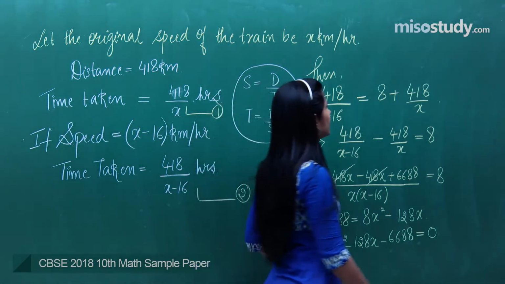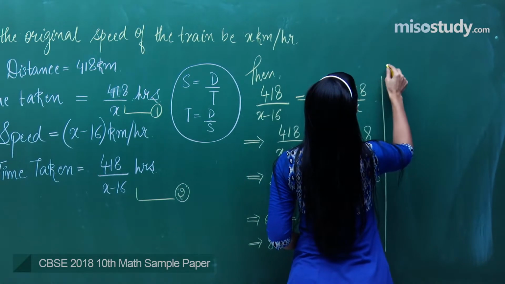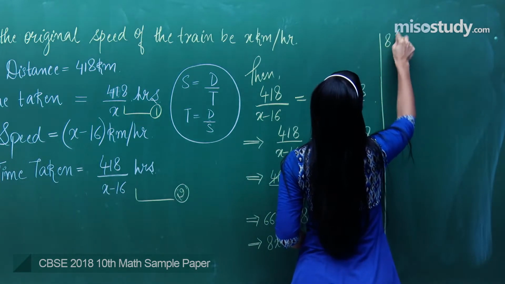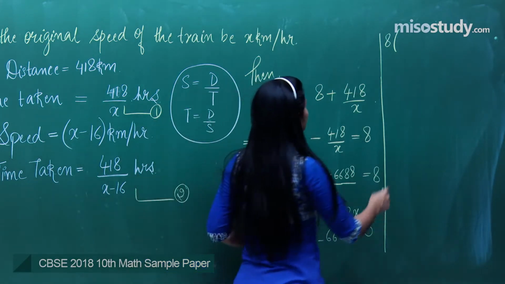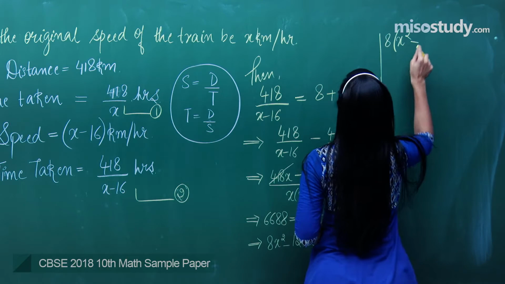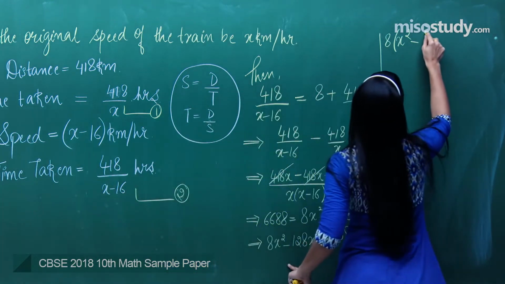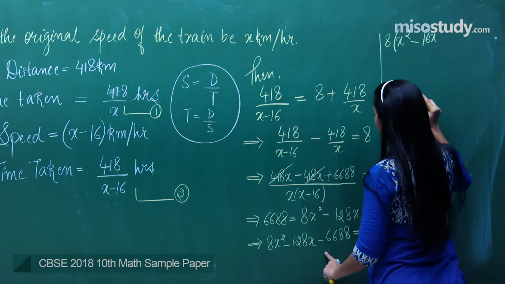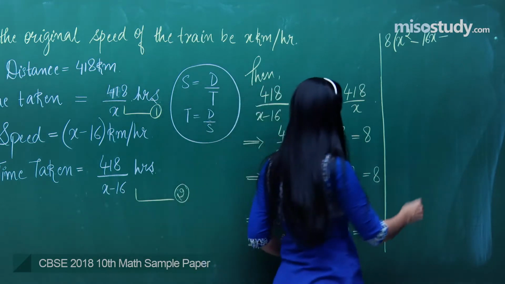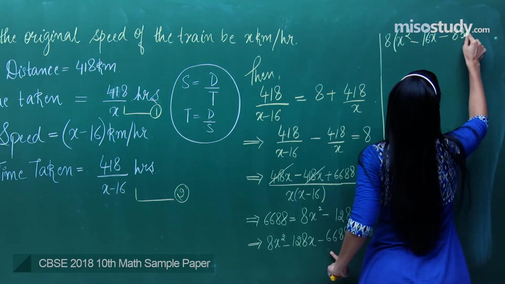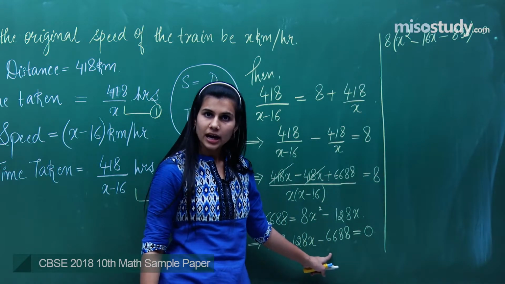The moment you have this, you know that you can very well take out 8 common. The moment you take out 8 common, what are you left with? You're left with x square minus 16x minus, when you take out 8 common, you're left with 836 equals 0. Understood?